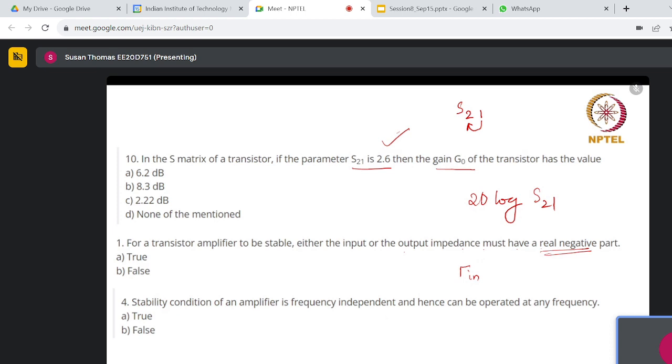I hope you understood my question. How do you evaluate this gamma in? Is it Zs minus Z0 by Zs plus Z0?